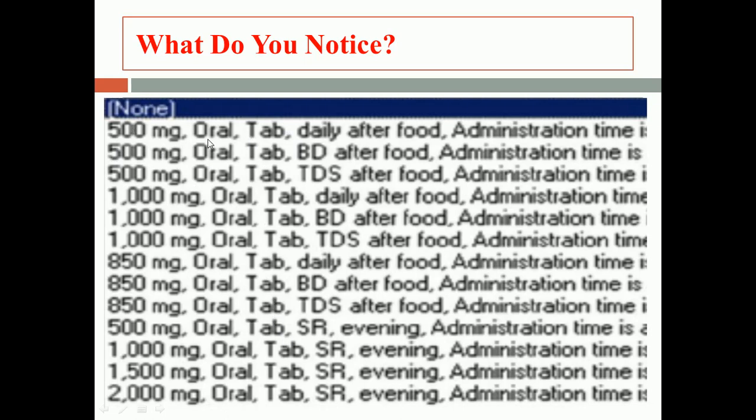The route is the same. But what is different? Here the strength is the same, but the variant of the drug is different. It is SR, which means sustained release. But here it is the normal one. So that is individualized care.